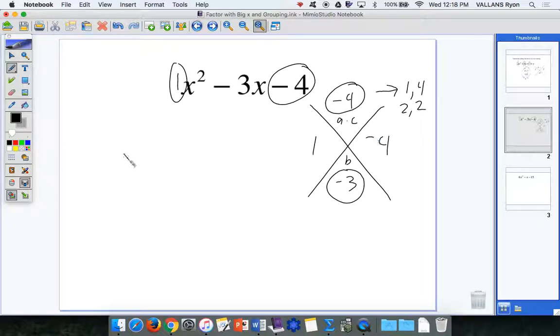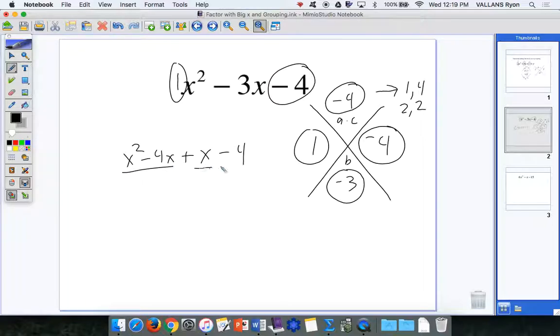So I end up with x squared minus, and I'm getting it from here, 4x plus x, and I got that from here, minus 4. Goal on this is to actually just factor.